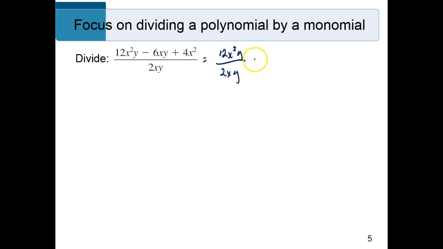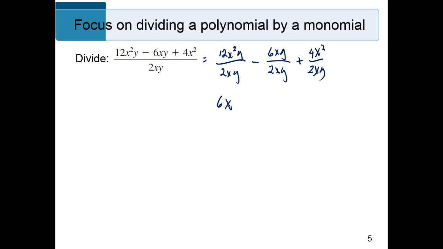Next. Minus 6xy over 2xy plus 4x squared over 2xy. Perfect. For your first step, what do you do now? Simplify. What does the first one become?